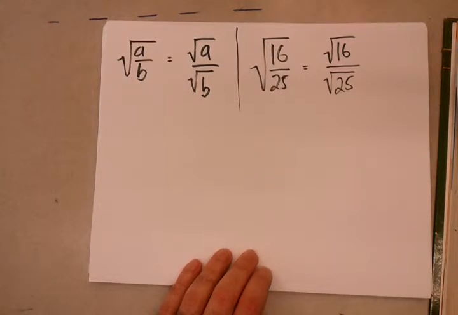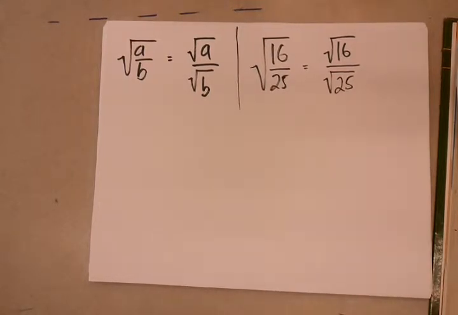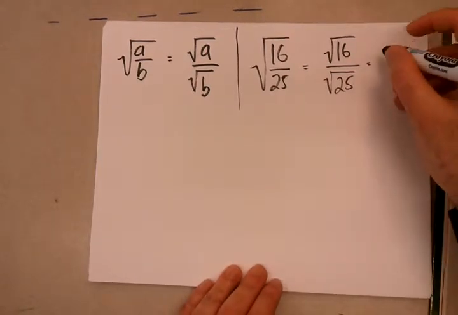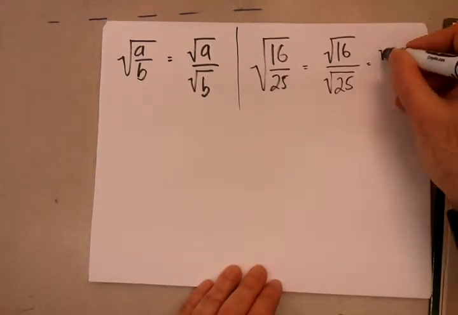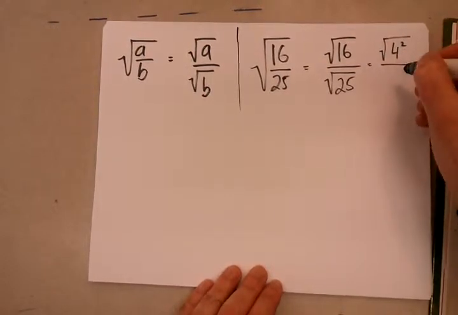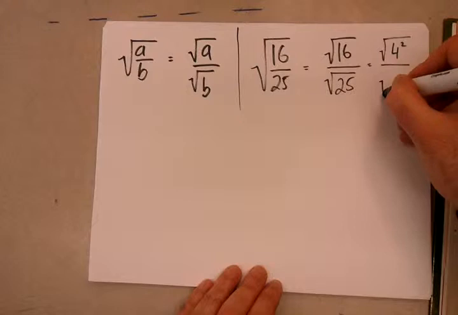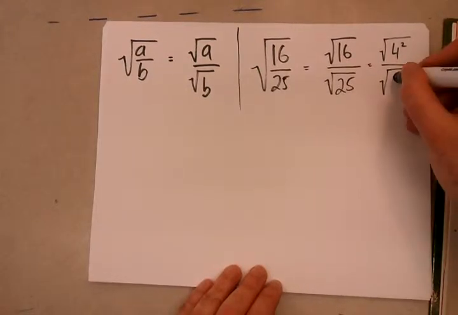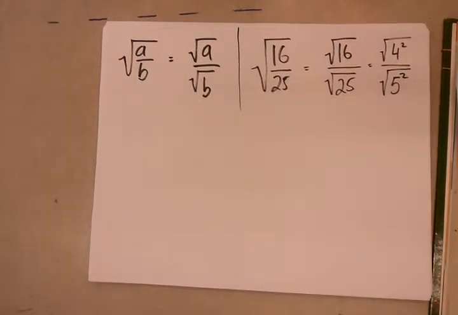In the numerator we have the square root of 16. 16 is a perfect square. The exponential form is 4 squared. In the denominator we have the root of 25. 25 is also a perfect square, conveniently, and that's 5 squared in its exponential form.